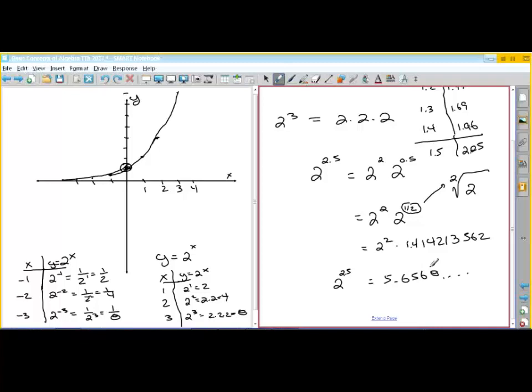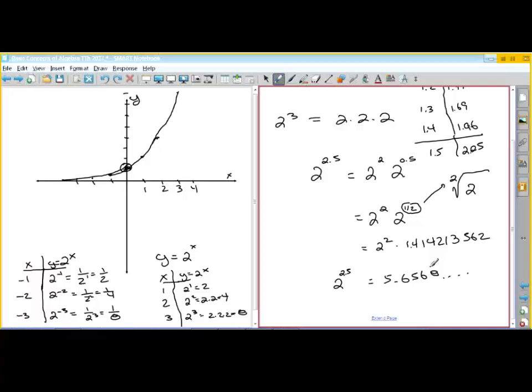You just have to deal with this non-integer part of the original exponential expression, which ends up being related to an nth root, in this case the second root of that same base. And there are ways to get that number, and then you just multiply them together and get the final answer. So if I plug 2 to the 2.5 power in my calculator, I should get 5.6568. Okay.